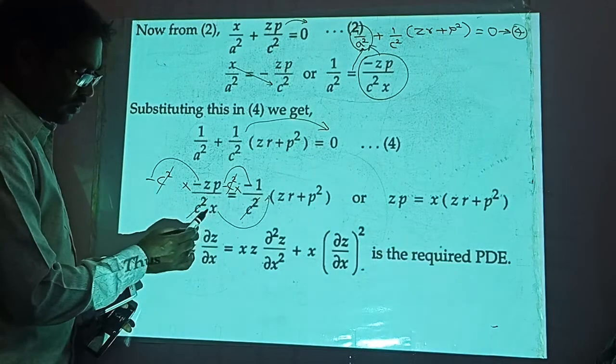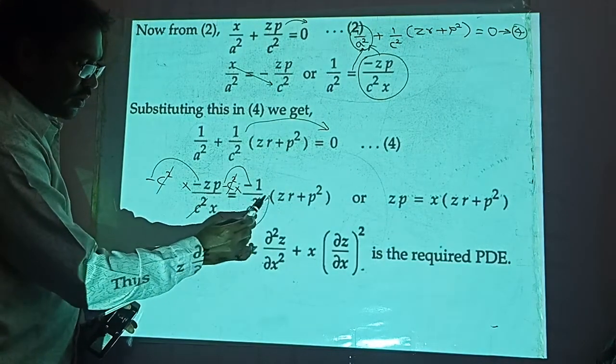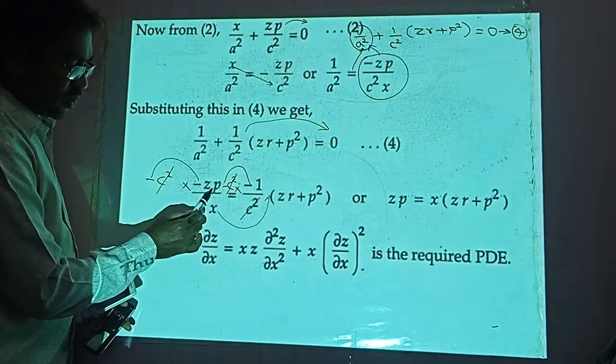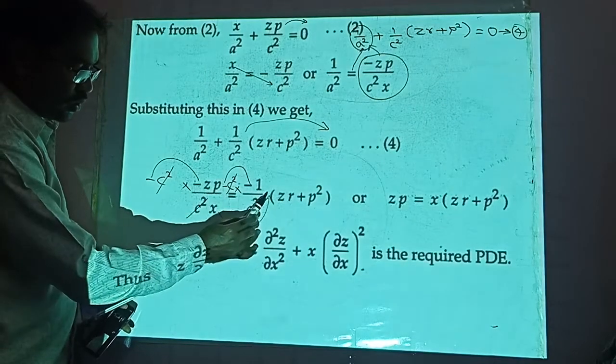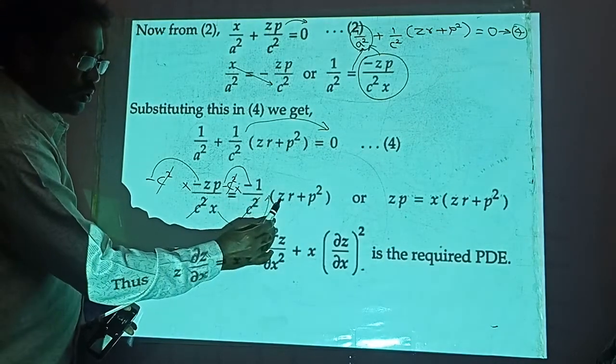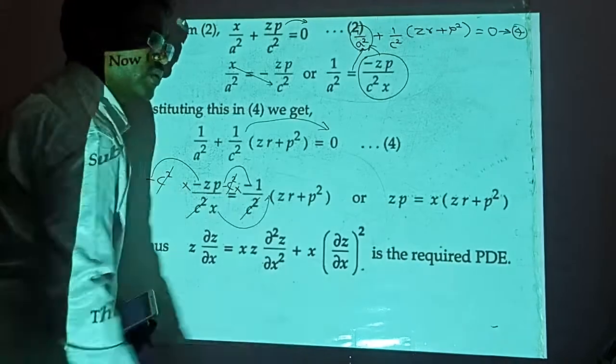If you multiply this x here, what you get? zp is equal to x into zr plus p square.